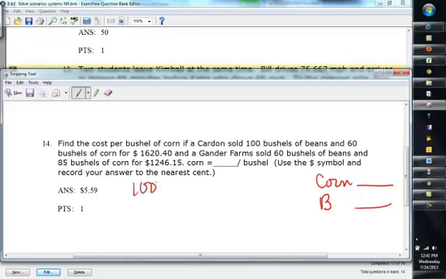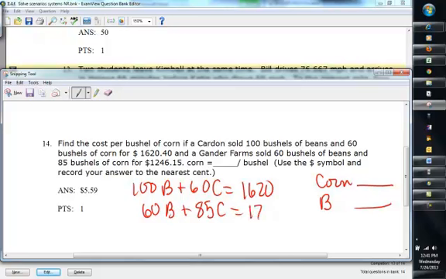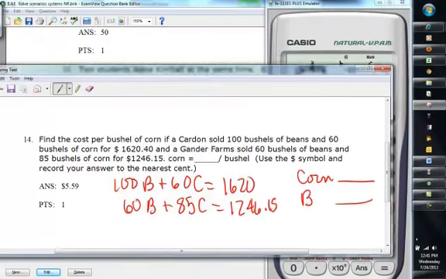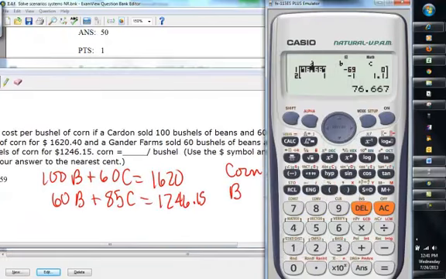So 100 beans plus 60 corn is 1,620. 60 beans plus 85 corn is 1,246.15.